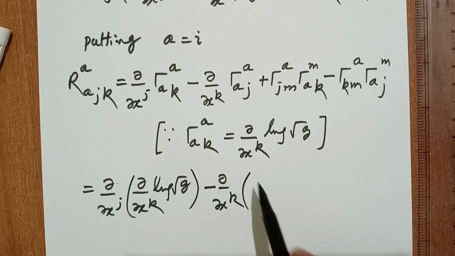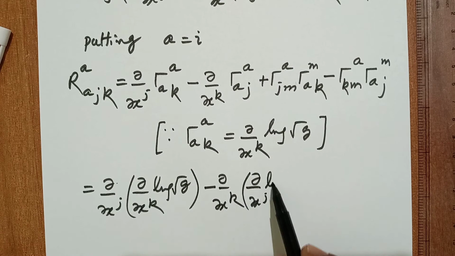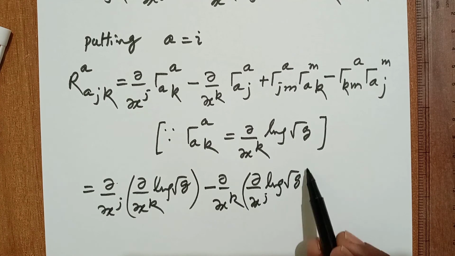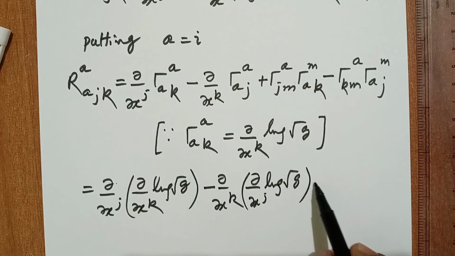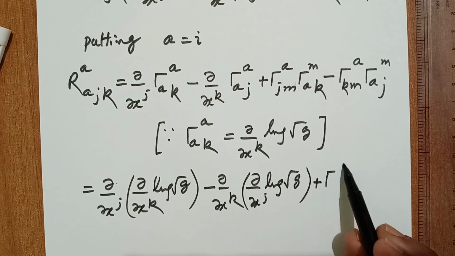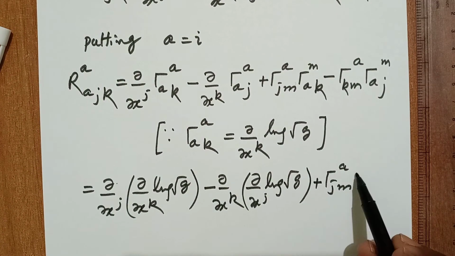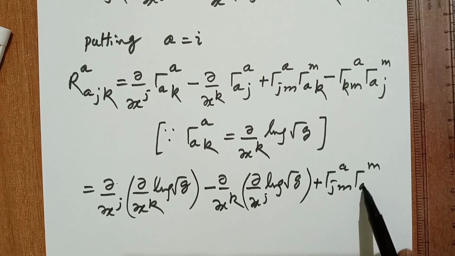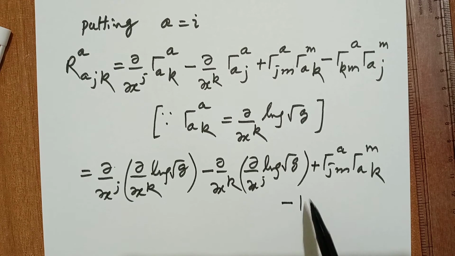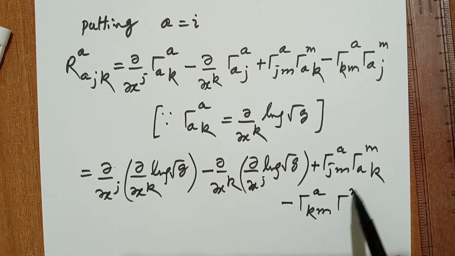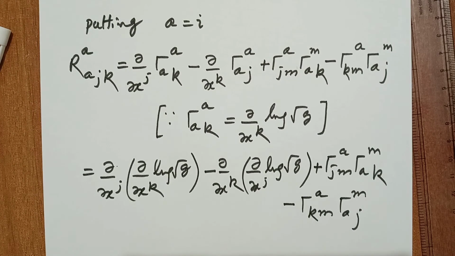Property of this thing is ∂/∂x^j of ∂/∂x^k... partial differentiation of log root g, plus remaining terms, plus Γ^a_jm Γ^m_ak minus Γ^a_km Γ^m_aj.